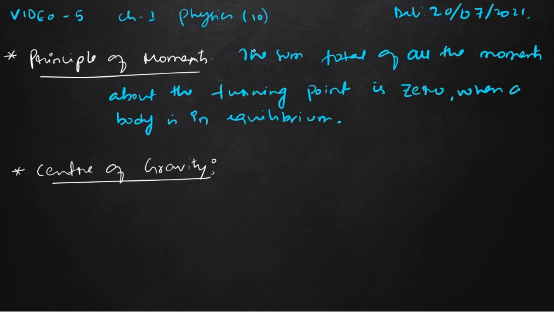It is a point within a body, it should be inside that body, where the whole weight of the body is supposed to act. Suppose we find any point inside a body at which we can fully balance that body. That point is known as our center of gravity, or we can say center of mass also, CG. In short it is written as CG.